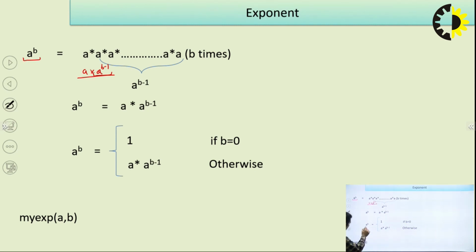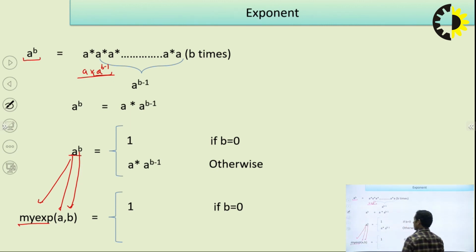So first convert a power b into function form. We give the name my exponent, and two parameters are there. First is a, second is the exponent, that is the b parameter. So we write here my exponent: the value of a power b will be 1 if b equals 0, meaning the exponent part is 0, then the value is 1.